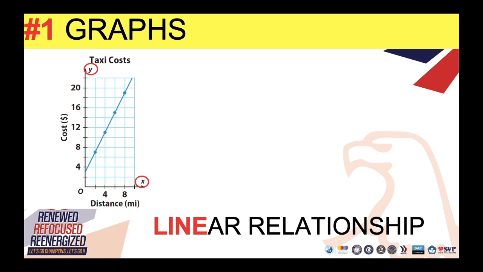Looking at this particular example, our x-axis is labeled with the quantity distance in miles. So the distance here is in terms of miles. And of course, the y-axis is the cost in dollars. So this is according to the graph. Every time you're given a graph, you have to analyze what quantities are being related.